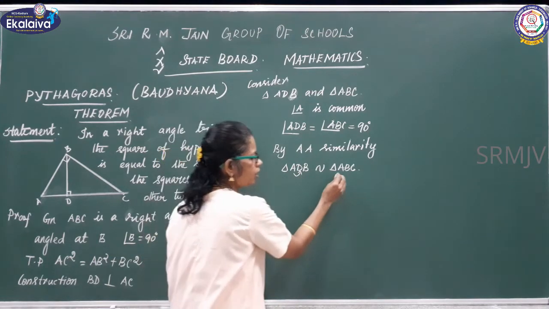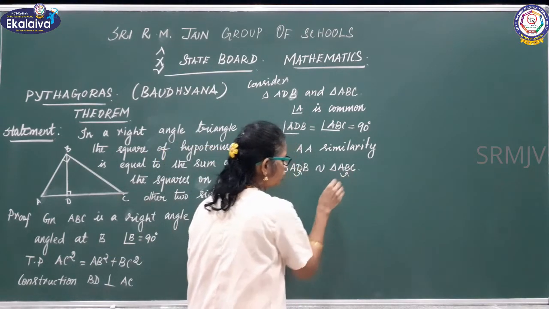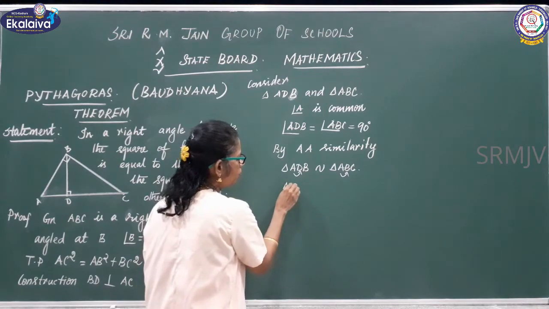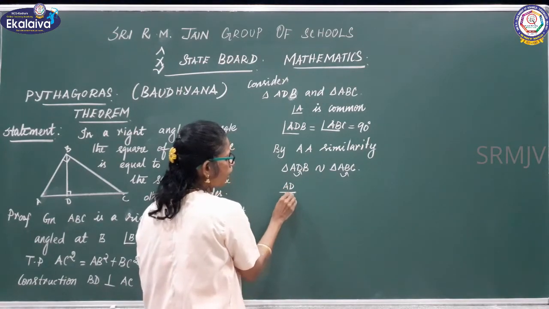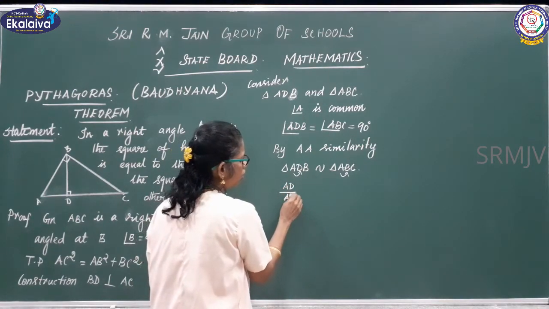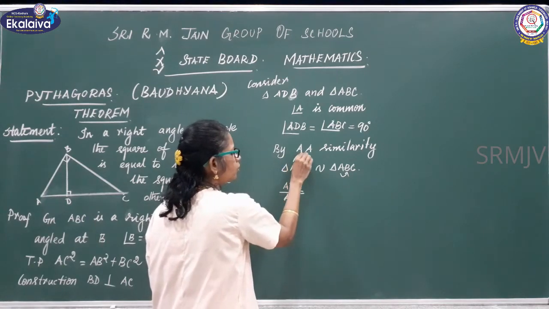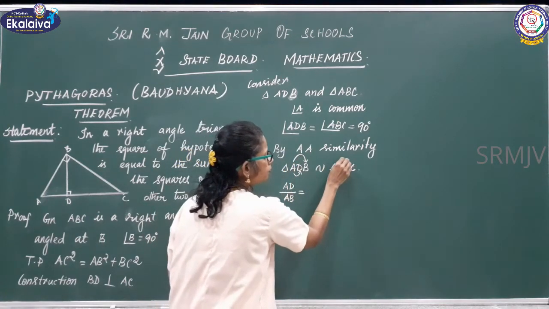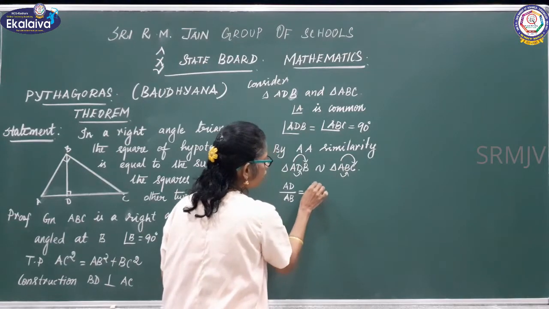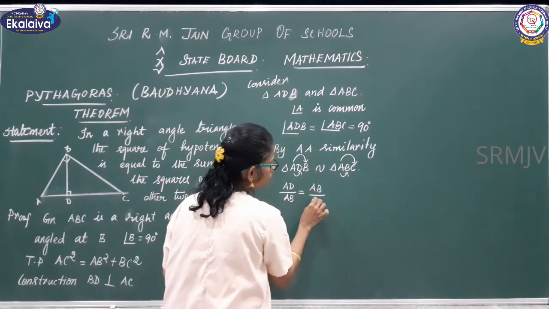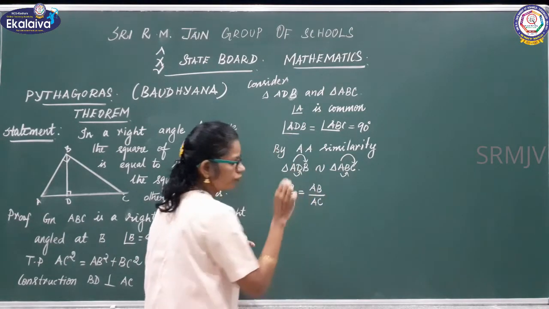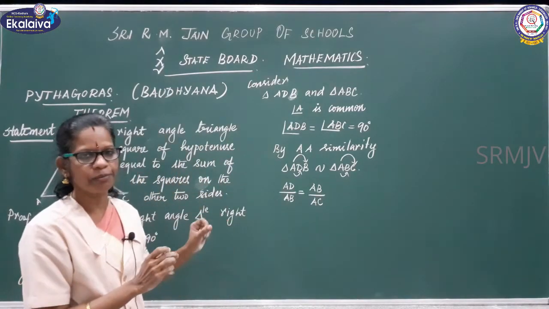Move towards right, here also move towards right, right? AD divided by AB equal to AB divided by AC, which I want, that alone I picked up, right?